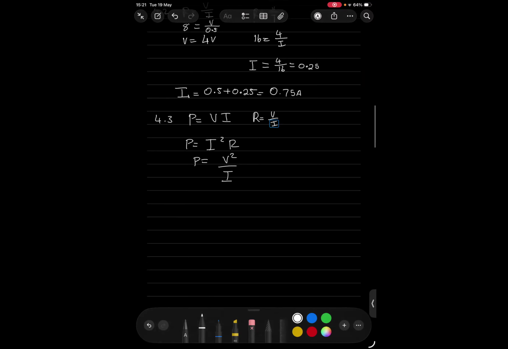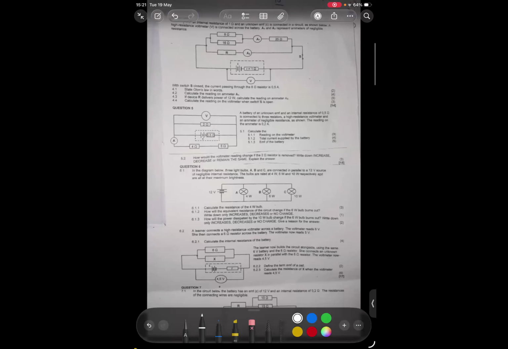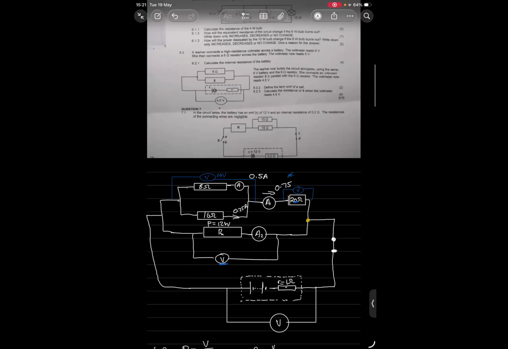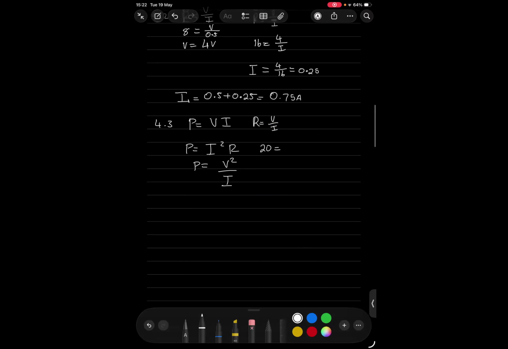Then we have the resistor, which is how much? It's 20 ohms. So 20 equals V over 0.75. And what's going to be the V? It's 15.